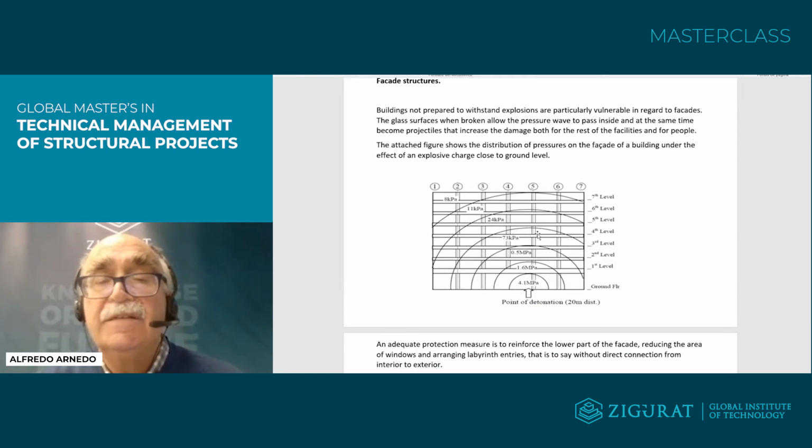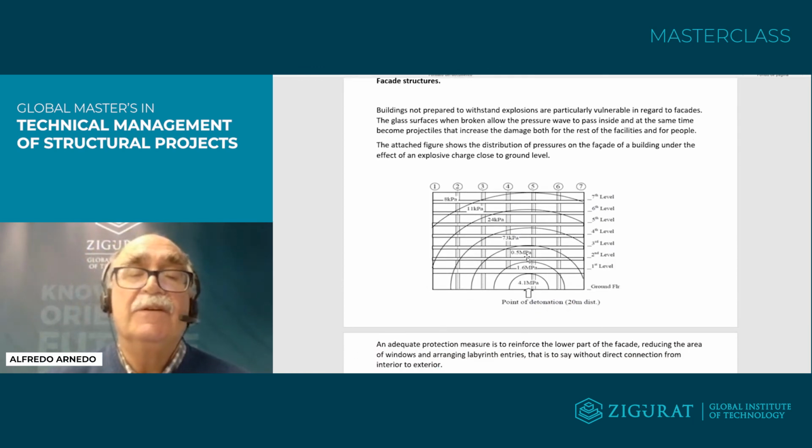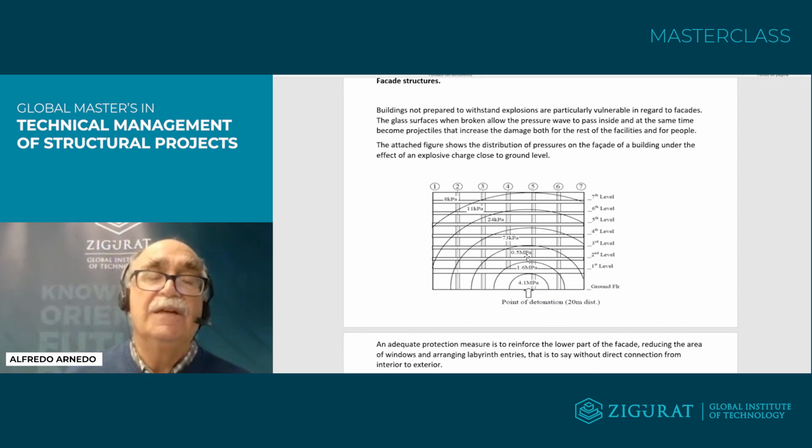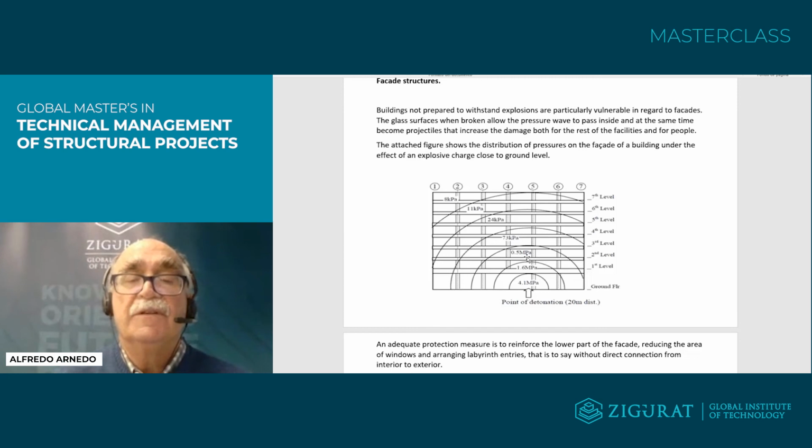Apart from this, which is about the frames and the general structure, it is very important to consider the facade. This is the distribution of pressure in a facade when the point of detonation is 20 meters, very close.